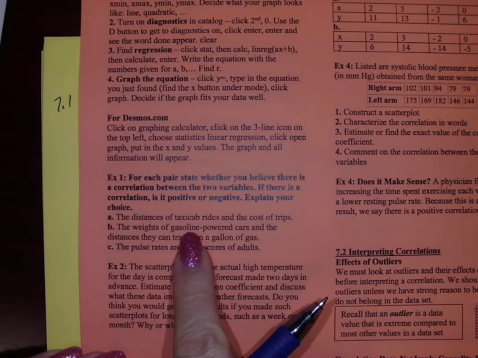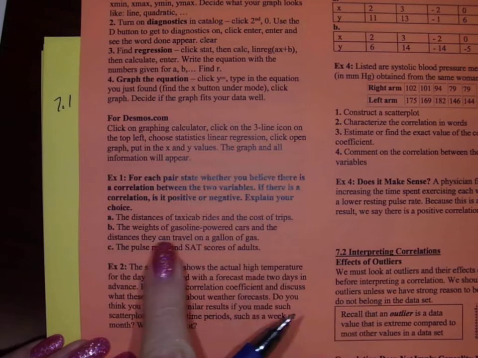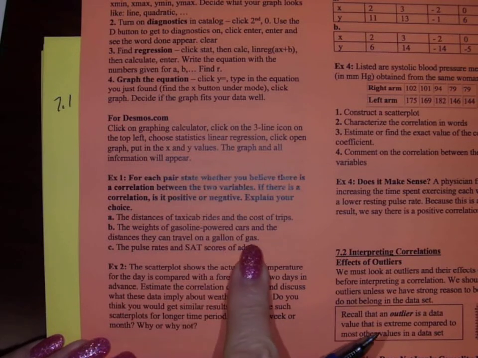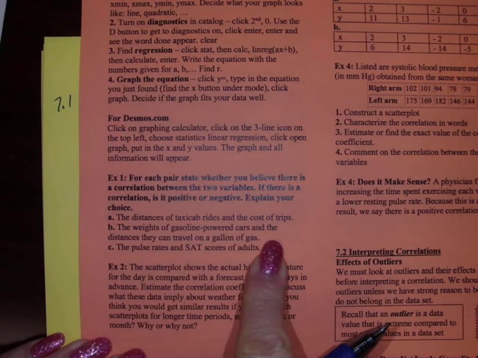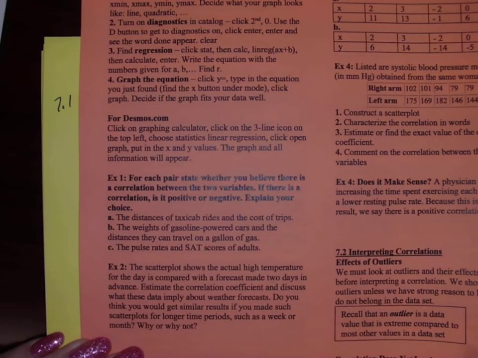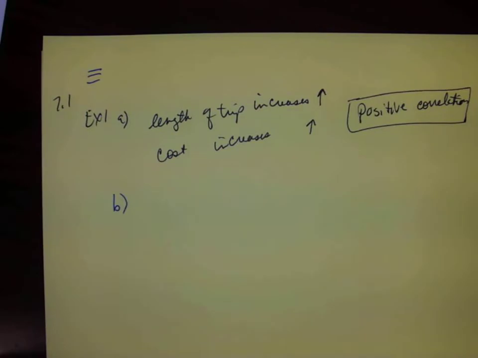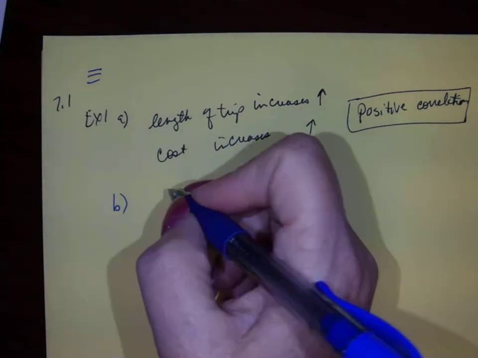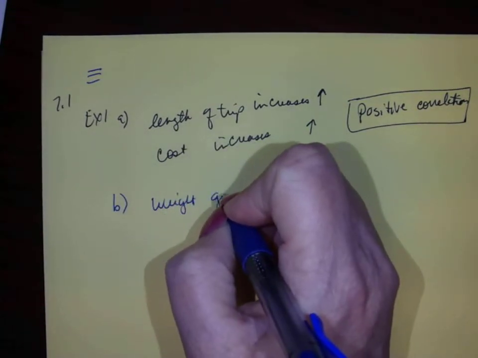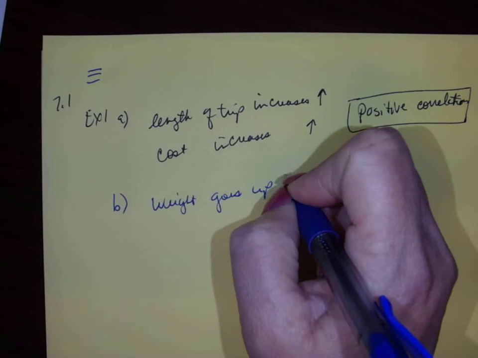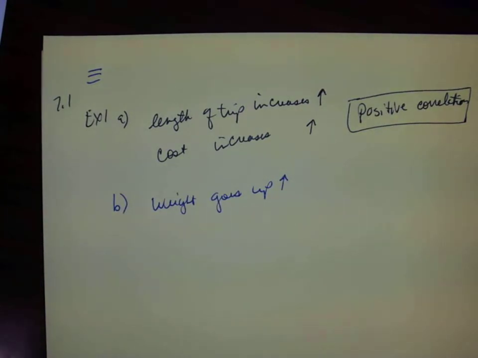The weights of gasoline-powered cars and the distances they can travel on a gallon of gas. All right, so the weight of the car and how far you can go on a gallon of gas. So as the weight of the car goes up, what happens to my mileage?